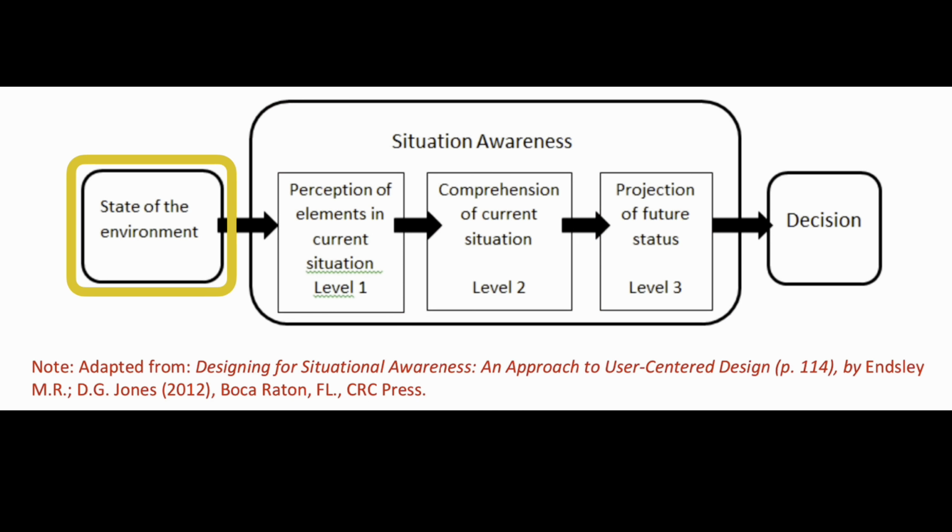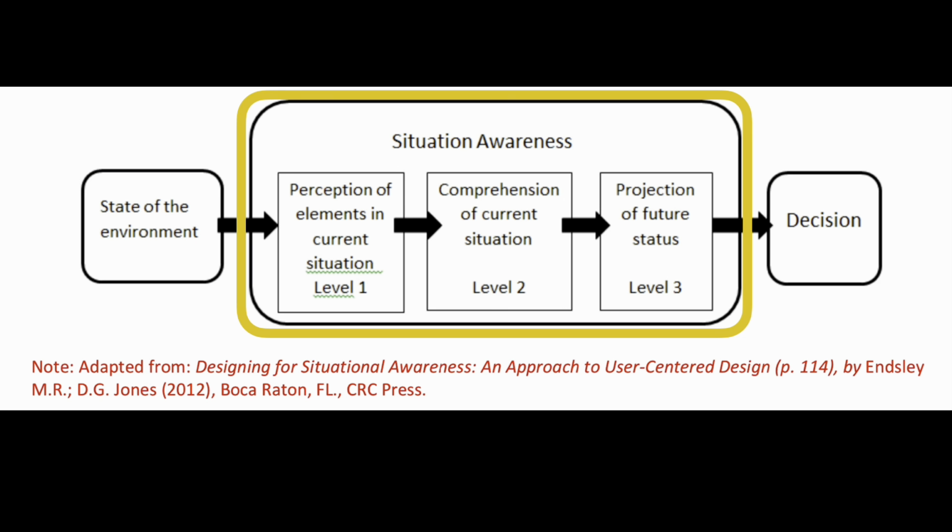So if we go back to the graphic that NERC provided within its reliability guideline, we can better understand what NERC is trying to say, and what Endsley was trying to state. You can see in the graphic on the left-hand side, we have the state of the environment. We have a situation basically on our hands. And then comprised within that bubble or square, whatever you want to call it, are the three levels pertaining to situational awareness.